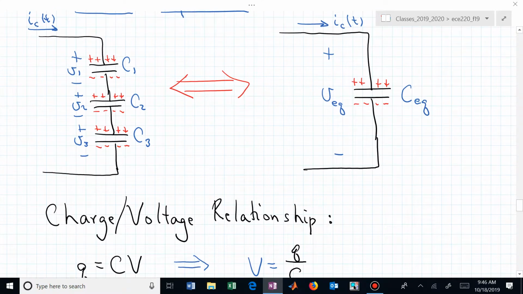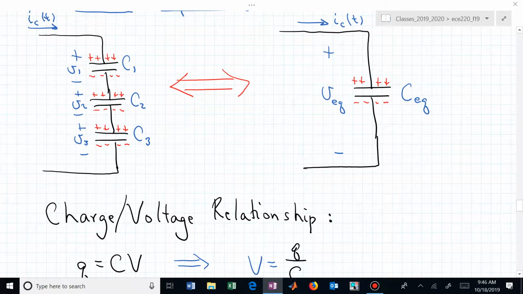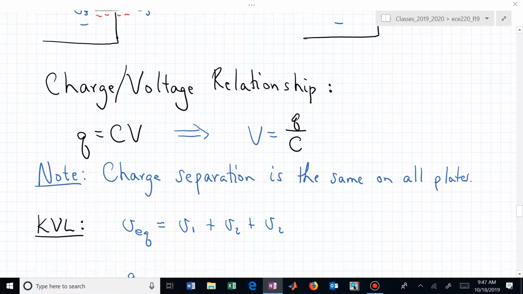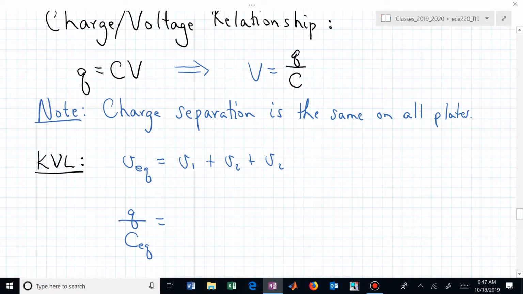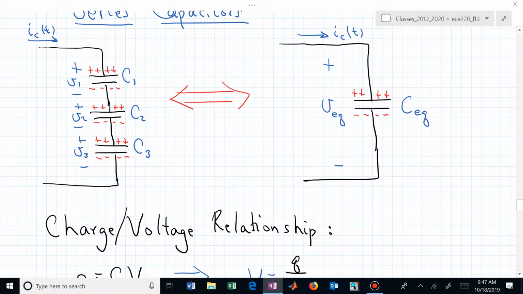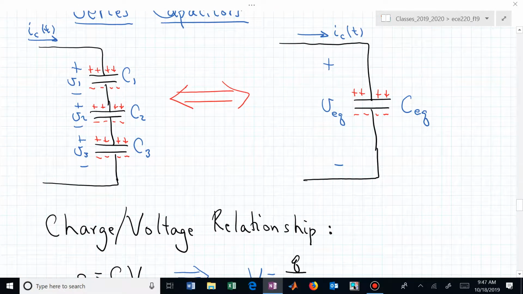We tried to show in this illustration that the charge on each of the positive plates in C1, C2, C3 is the same as the charge on the equivalent capacitor plate. Likewise for the negative plate, so that if we now do a KVL, essentially, we want the equivalent on the right.